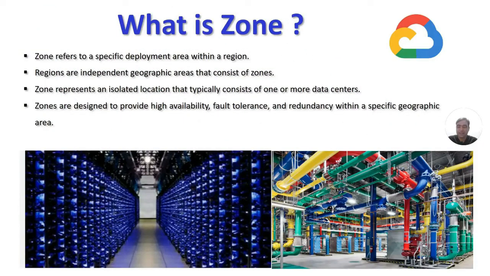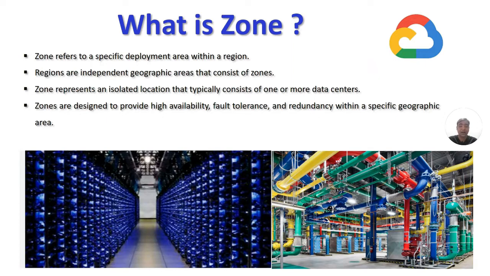Guys, as you can see here, in Google Cloud Platform, a zone refers to a specific deployment area within a region. It represents an isolated location that typically consists of one or more data centers. This is how a Google data center can be set up in this picture. GCP zones are strategically located in different geographical regions around the globe.